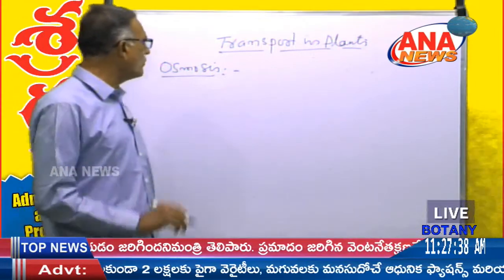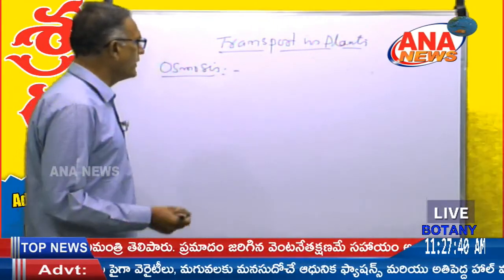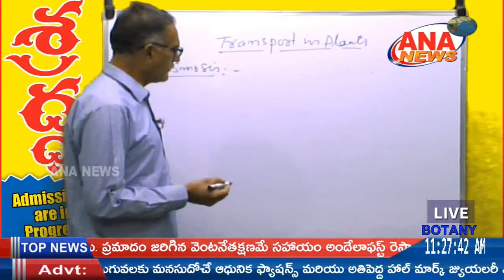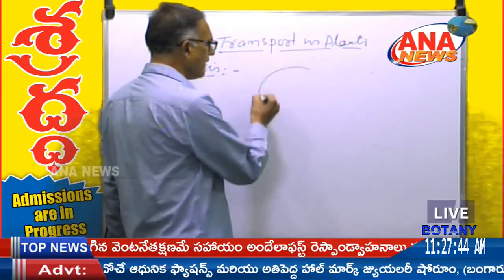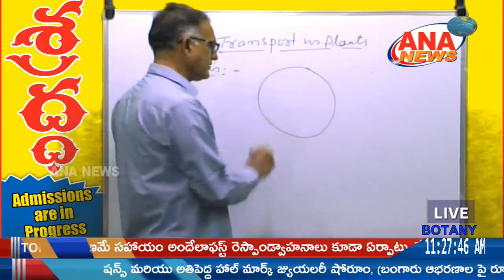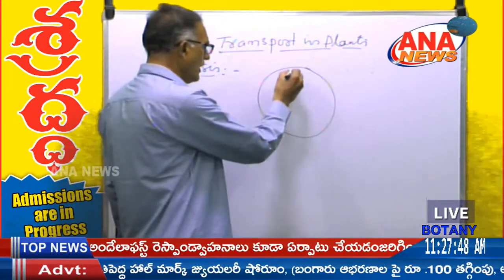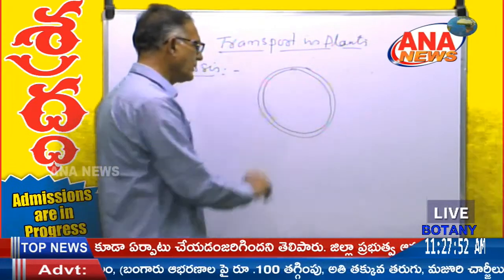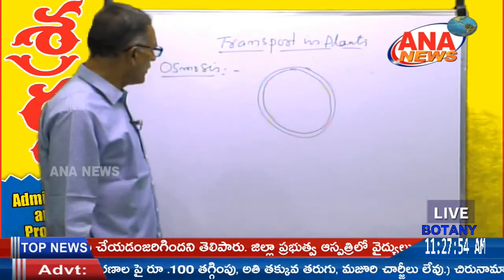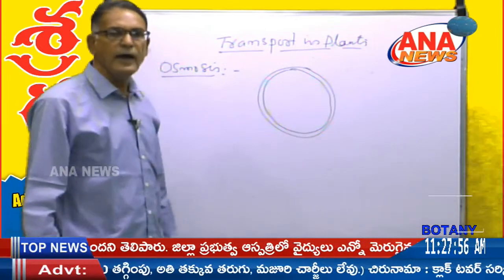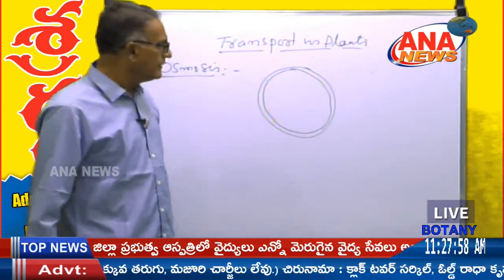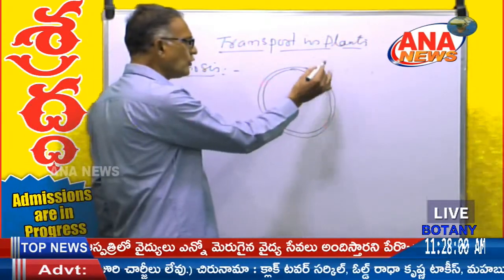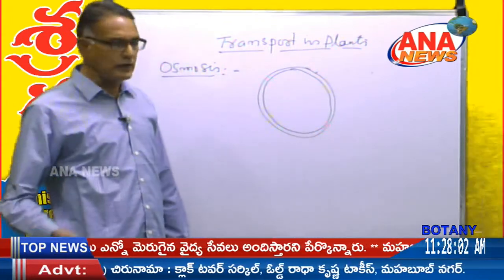Before discussing osmosis, you know the cell structure. The plant cell is surrounded by two layers: one is the cell wall, and the other is the cell membrane. The cell wall allows all types of substances into it.